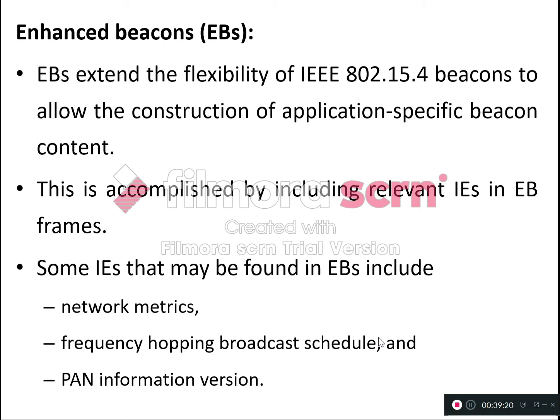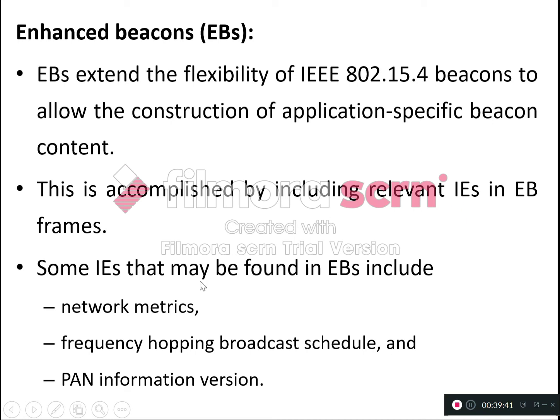So that is enhanced beacons. This is accomplished by including relevant information elements in enhanced beacon frames. So how it is possible to construct the application specific beacon is by including the IEs in EB frames.